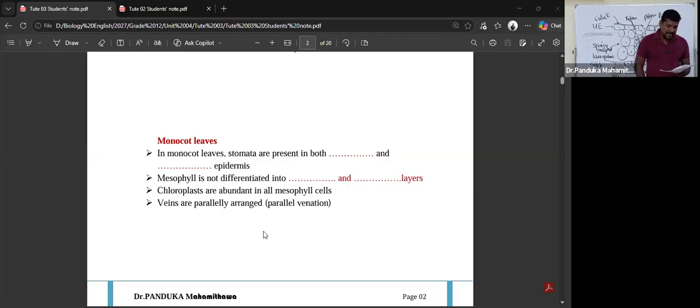Chloroplasts are abundant in all mesophyll cells. And veins are parallelly arranged, or you call it parallel venation.